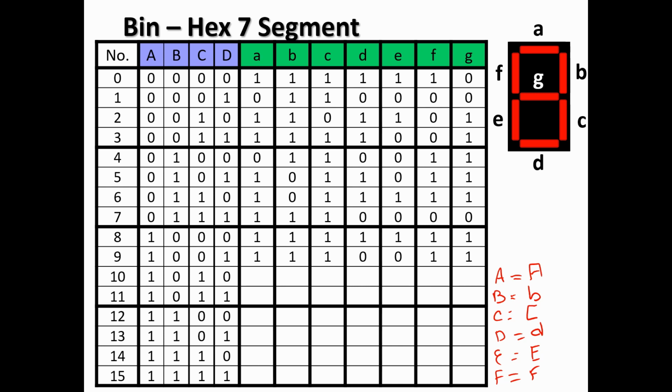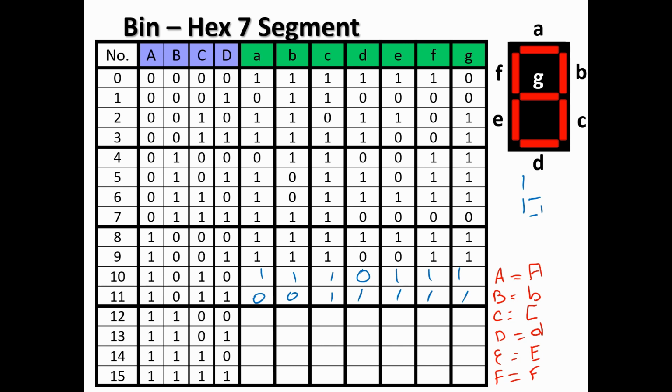D LED is off, and the rest of them are ones. That's the 10. 11, that's going to be B, so like this. So all of them are on except for A and the B. So A and B are zeros, and the rest are ones.